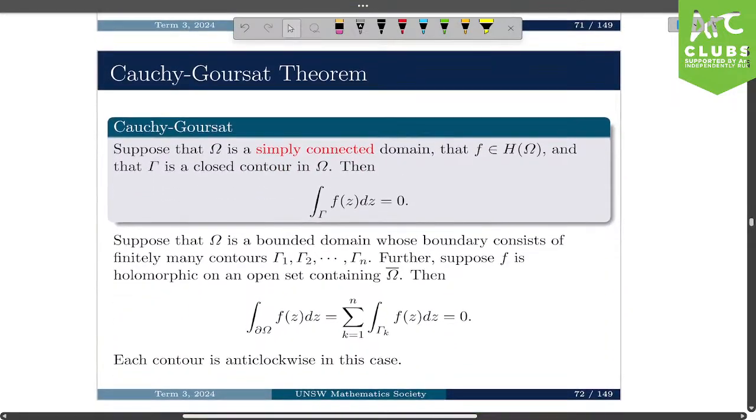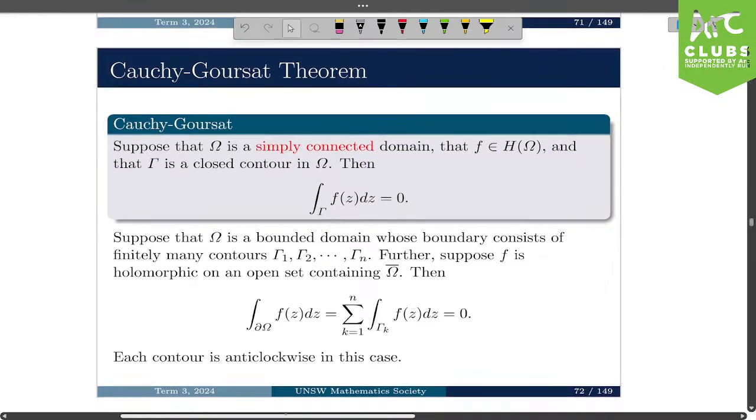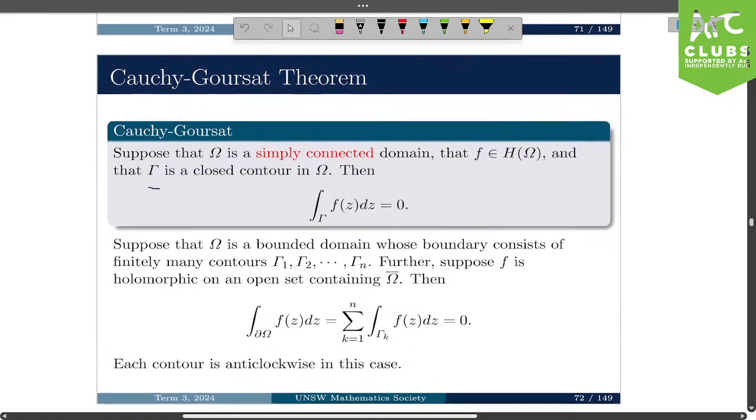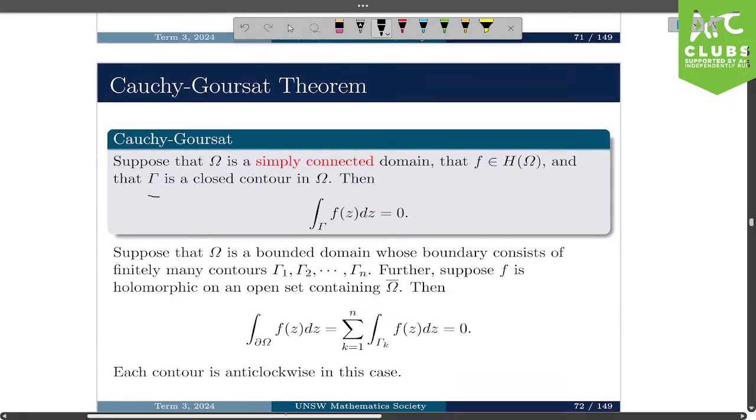So we have a theorem concerning contour integrals where if omega is a simply connected domain, and f is holomorphic on omega, and capital Gamma is a closed contour in omega, then the integral across gamma of f of z dz is going to equal 0.